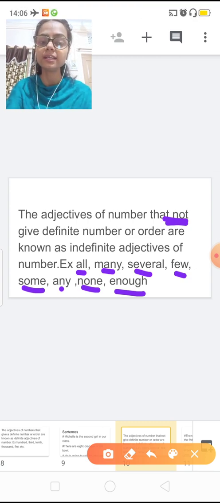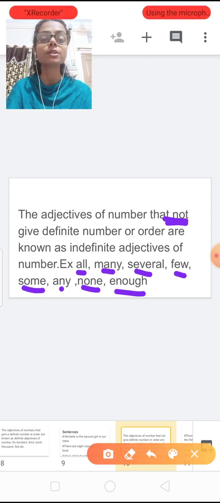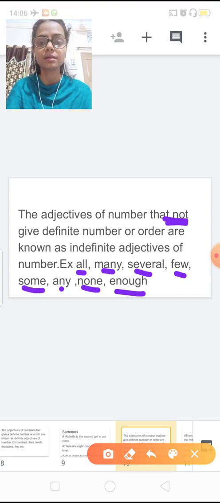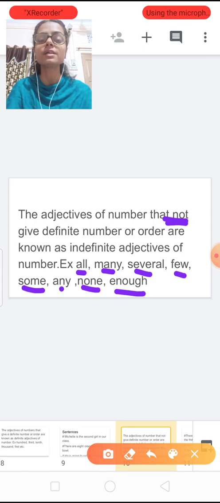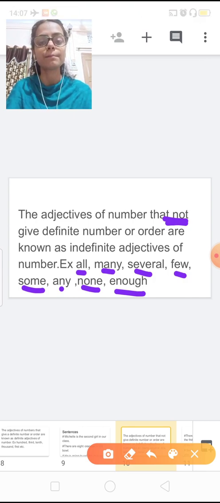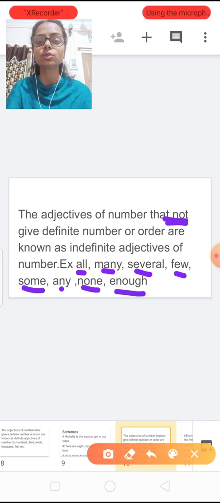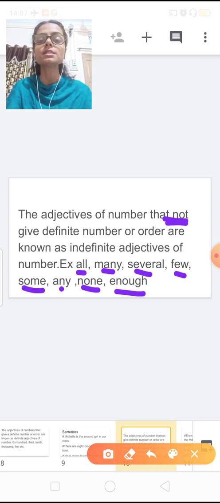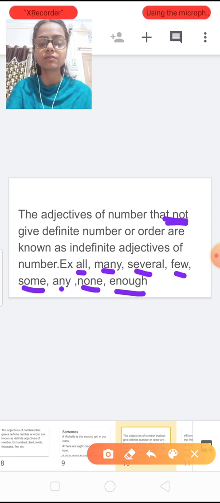So all are telling about the quantity but not an exact number. That's why these are the examples of indefinite adjectives of number. Again I am repeating, numeral adjectives have two kinds: definite adjectives of number and indefinite adjectives of number.